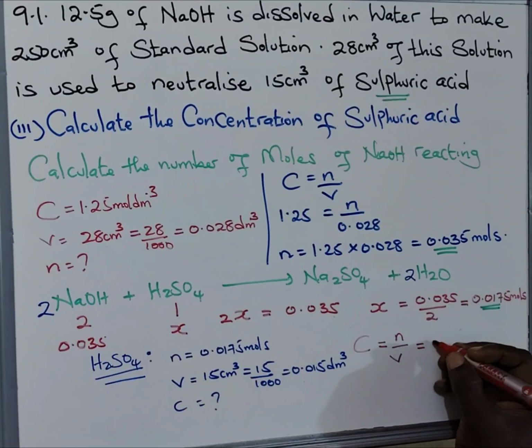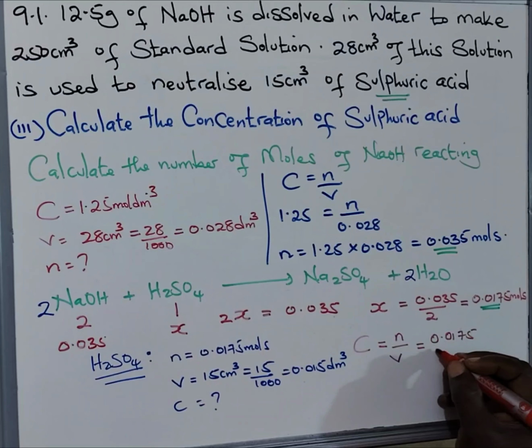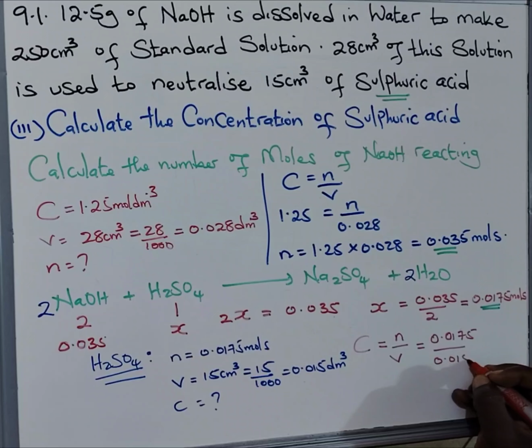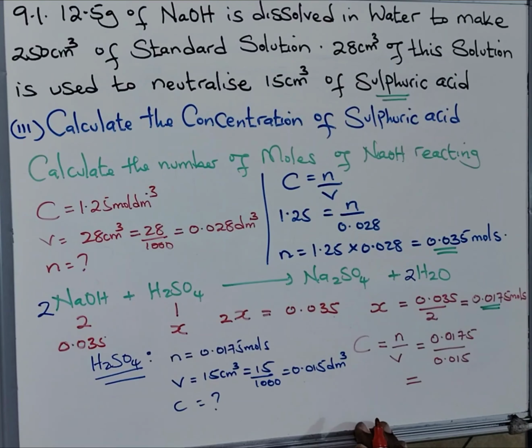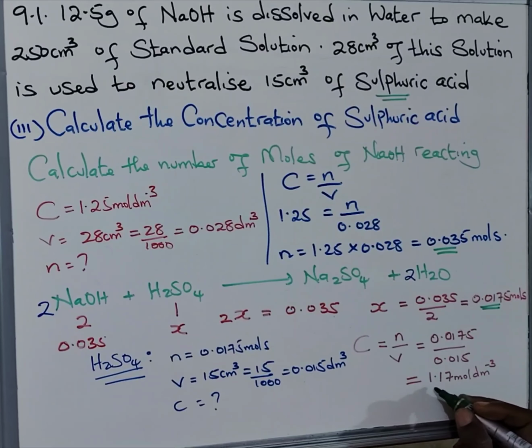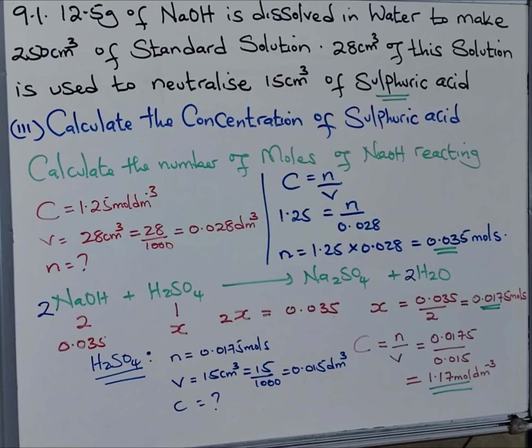The number of moles is 0.0175 and the volume is 0.015. What you get out of this is our concentration in moles per cubic decimeter. So there we are. The concentration of sulfuric acid is 1.17 moles per cubic decimeter.